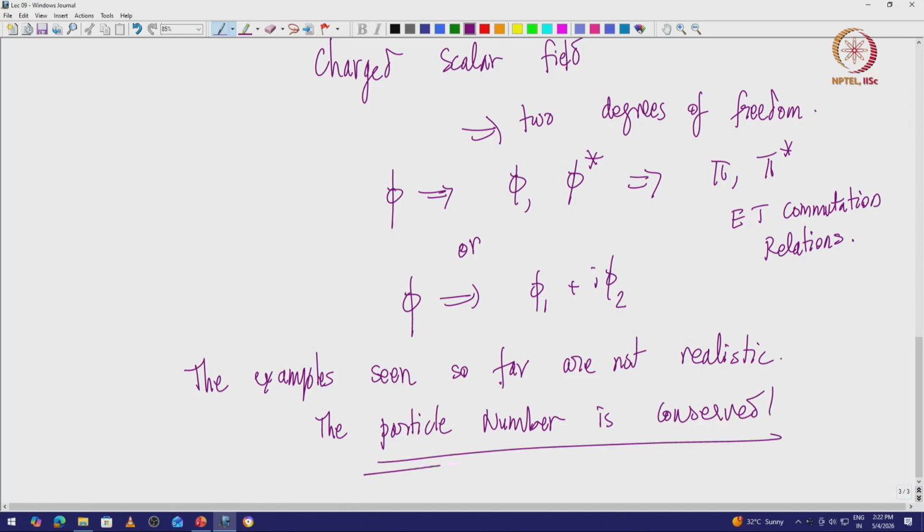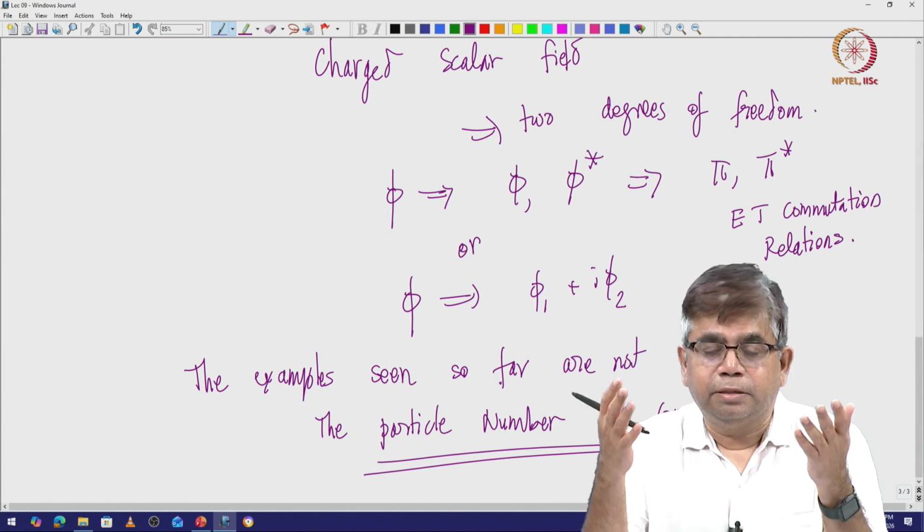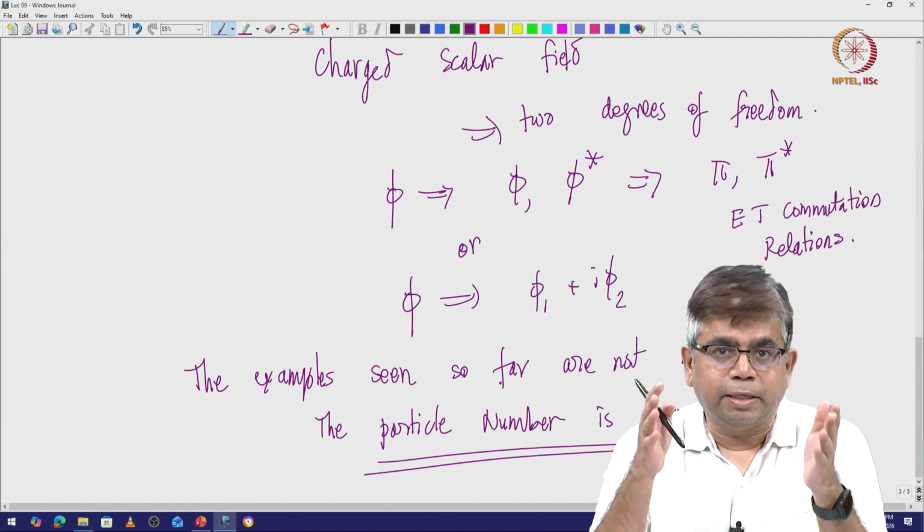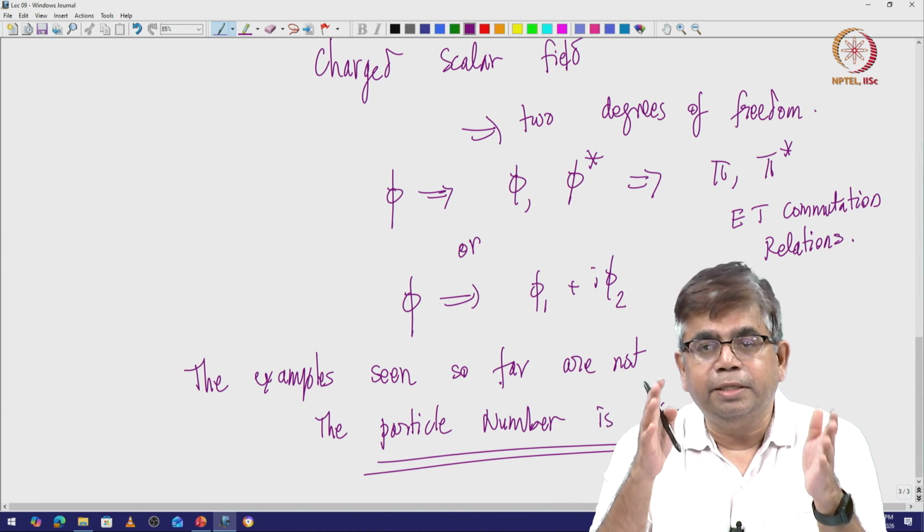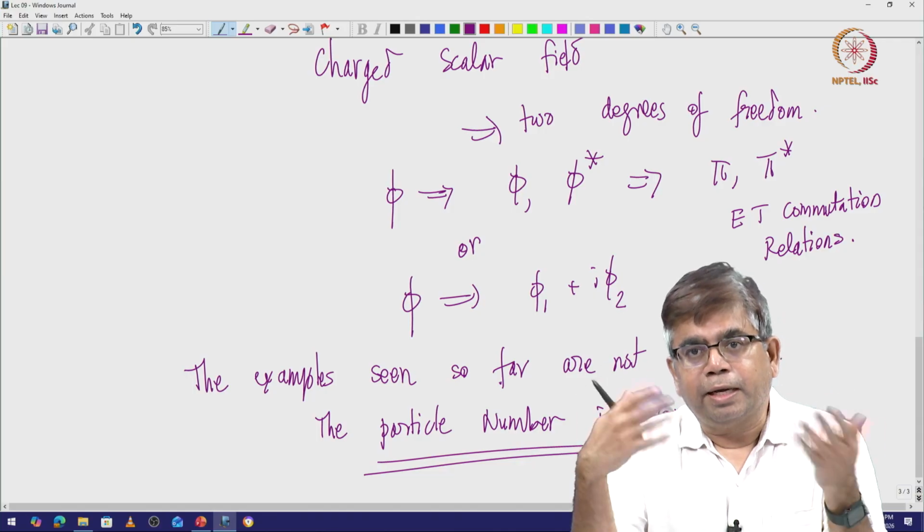This is important to note, that the particle number is conserved because the particles don't interact with each other, so they cannot get converted from one to another, which is possible in relativistic field theories. So even though they are relativistic field theories, the particle number doesn't change. Whatever state you consider, the particle number doesn't change because you don't have interactions.